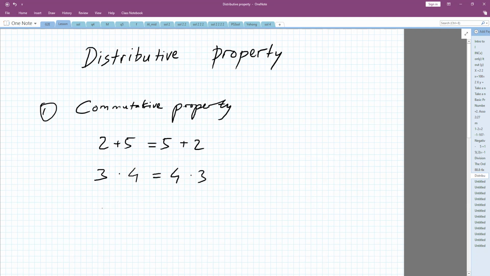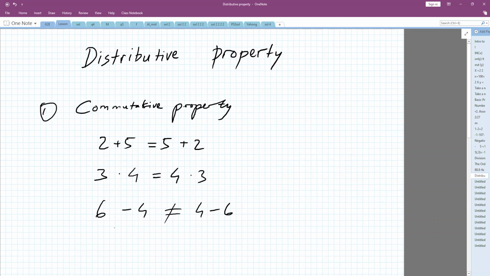For example, 6 minus 4 is not the same as, so this symbol means not equal, 4 minus 6. Because 6 minus 4 equals 2, right? And here 4 minus 6 equals minus 2. So you cannot swap around when you have negative or subtraction like this.